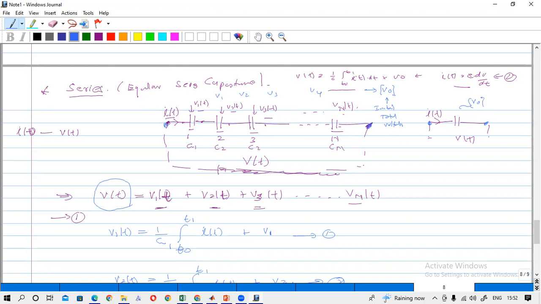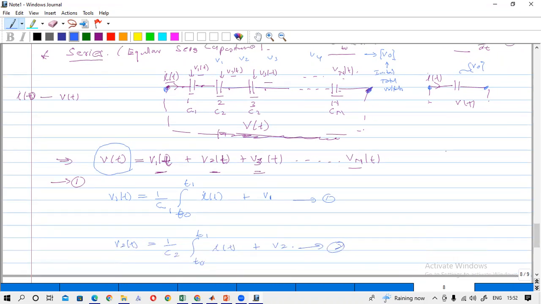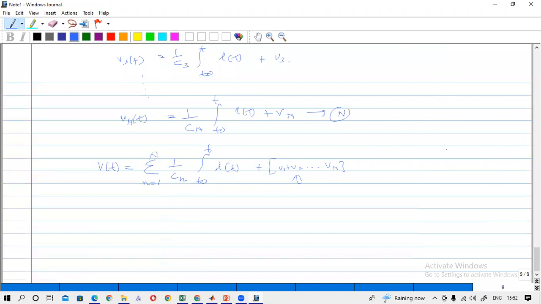That V naught means V1 plus V2 plus V3 plus V4, the initial total voltage across the capacitors.